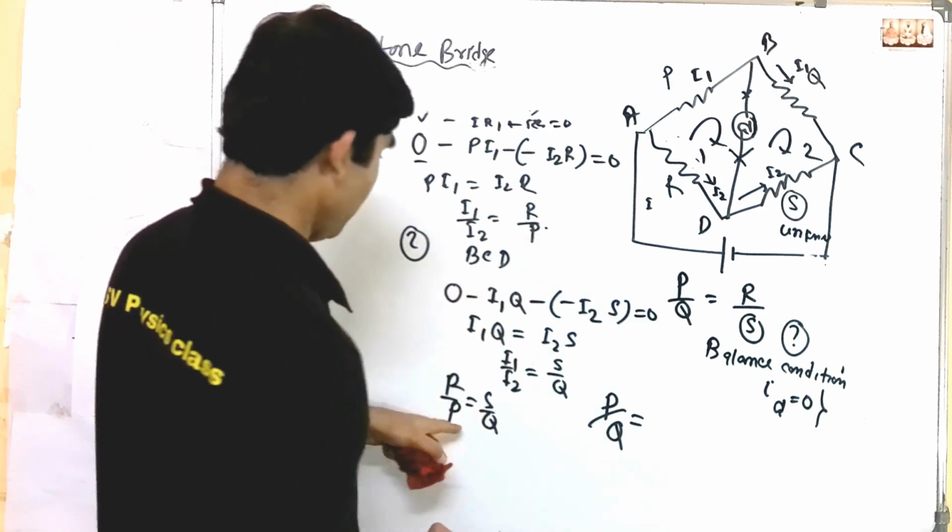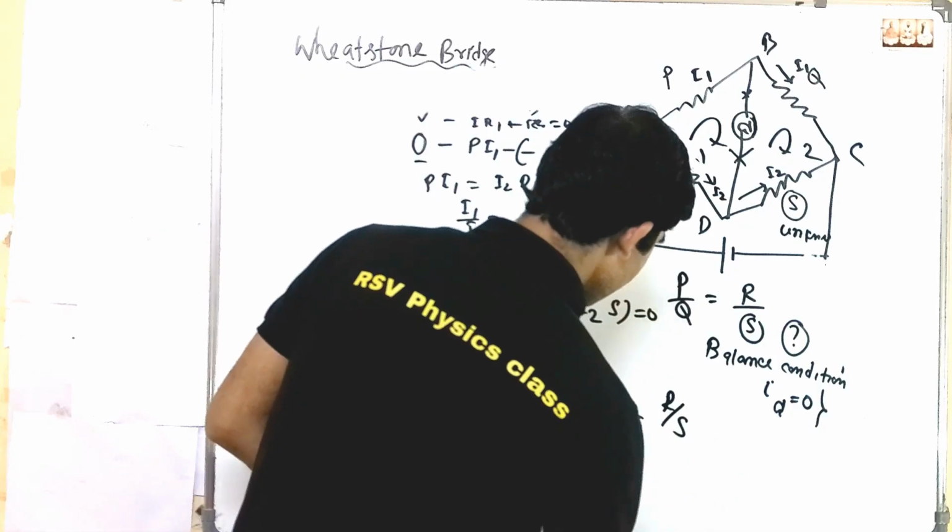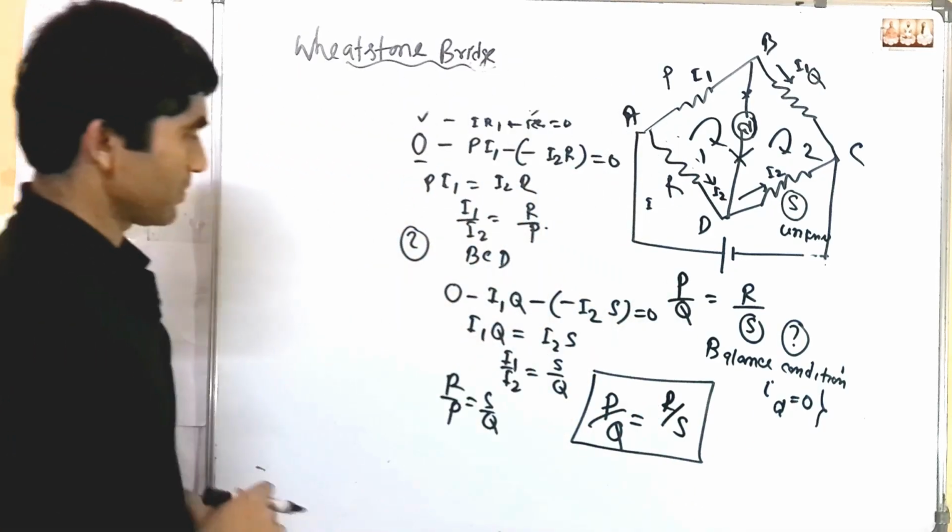this R by P, so P by Q equal to R by S, this way you can write it.